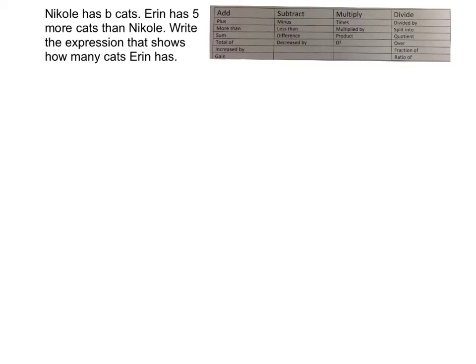So we have our little chart here on the right hand side, and there are some examples of keywords that we look for to know what the signs we're going to find are. So we look at our chart and we see more than right here.